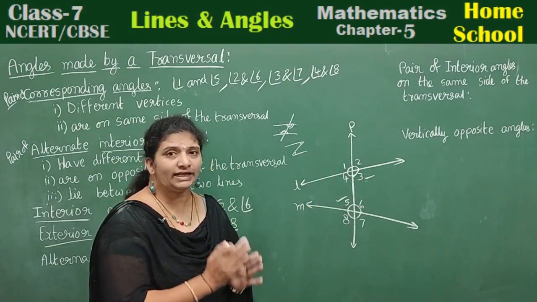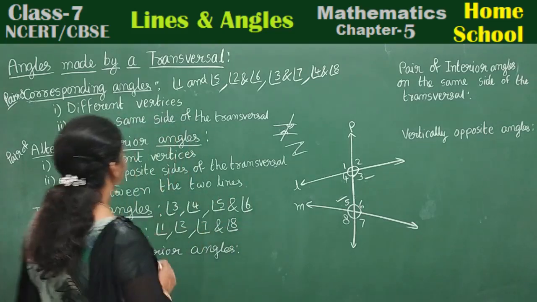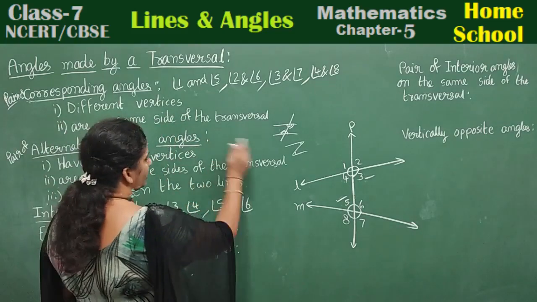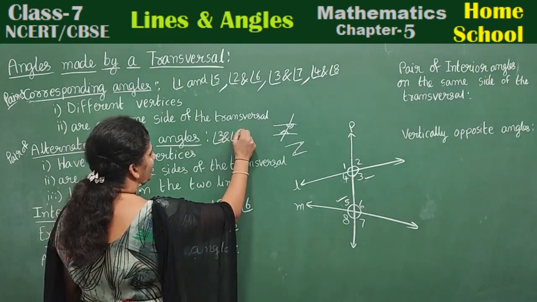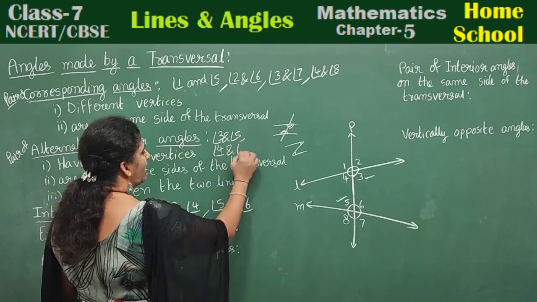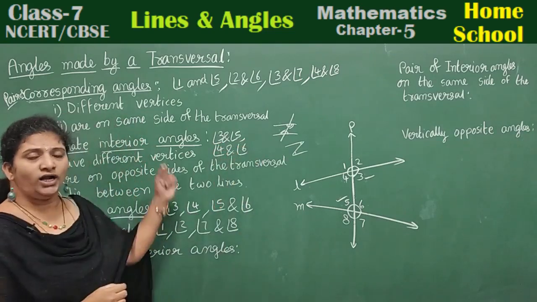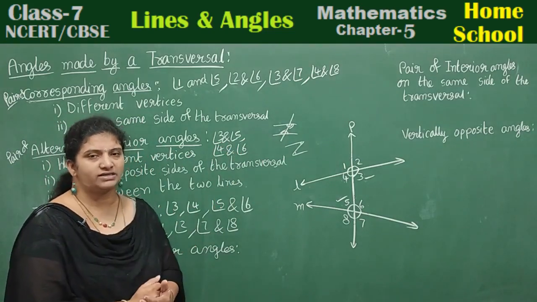Okay, alternate interior angles. So let us write alternate interior angles. What are alternate interior angles here? Angle 3 and angle 5, comma, angle 4 and angle 6. Alternate interior.